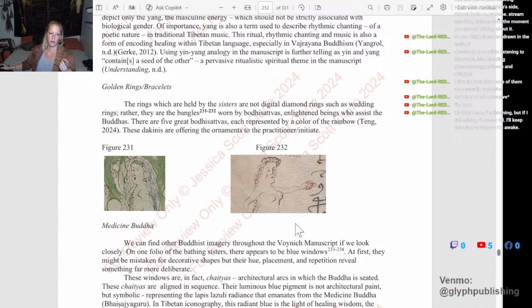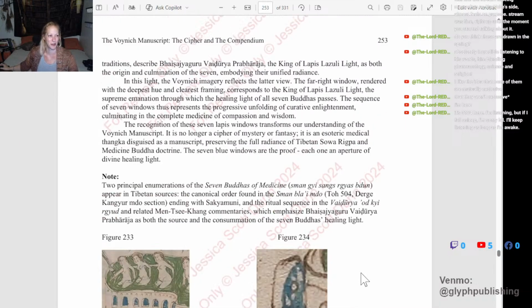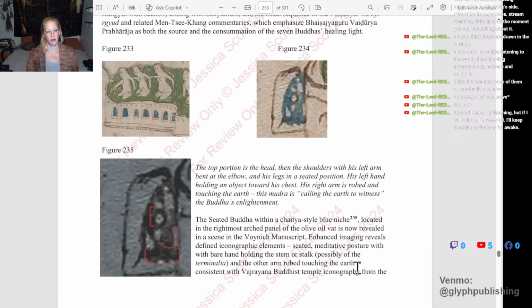They're handing their bangles to the practitioner. Their role is in herbalism and the transmission of wisdom and healing. That's why they're making the olive oil. They're helping make the elixirs and olive oils to heal the patient. Fighting in the manuscript, that's a European man trying to depict a wrathful Dakini. It literally is the medicine Buddha.